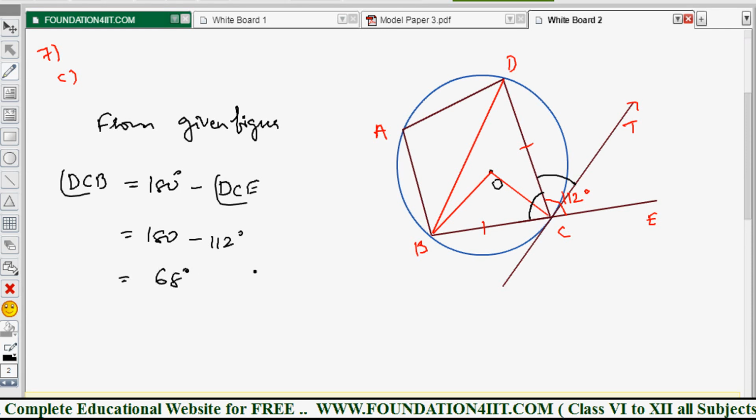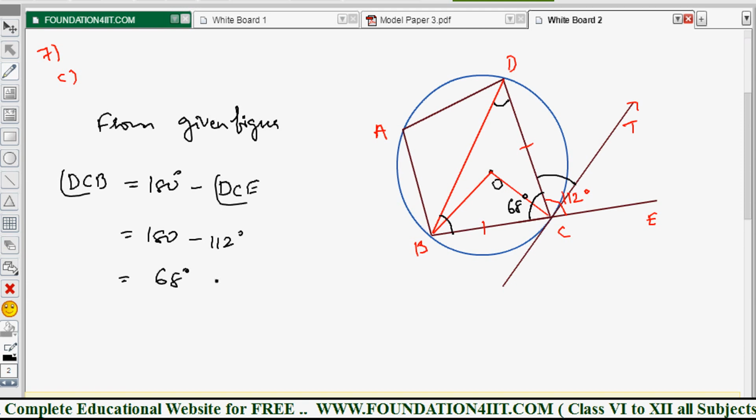So angle DCB is 68 degrees. And if you observe, triangle DBC is an isosceles triangle, because CD is equal to BC, so these two angles must be equal, and the sum of the angles in a triangle is 180 degrees.